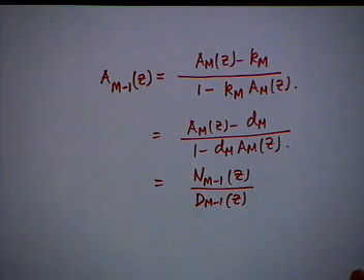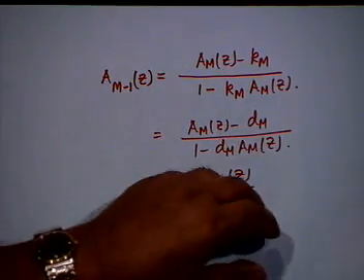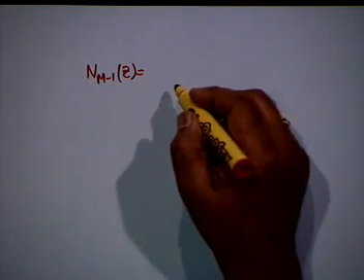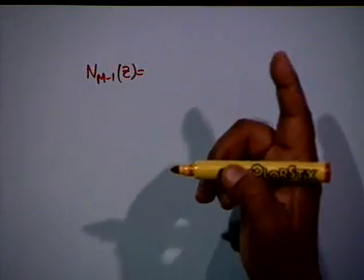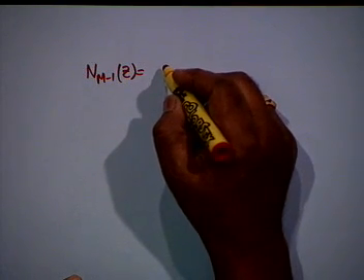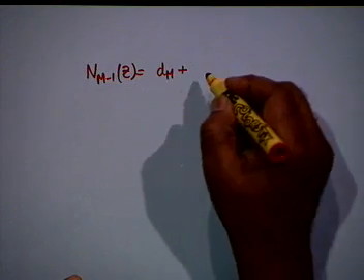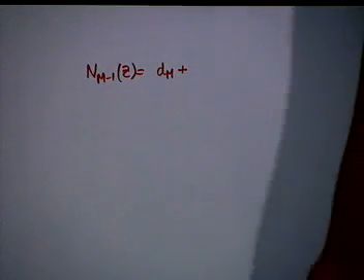Now, if I substitute for amz, then what I get is n m minus 1, the numerator. n m minus 1 of z shall be equal to amz minus dm, and therefore the numerator of amz, which is dm plus... I beg your pardon, I made a mistake.